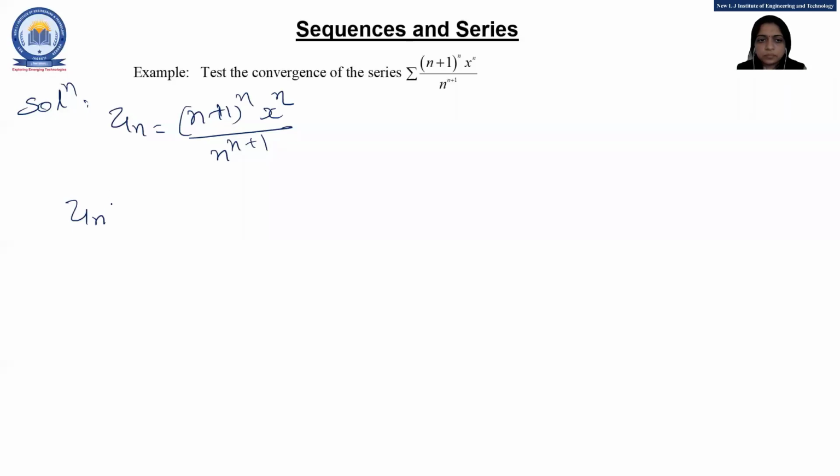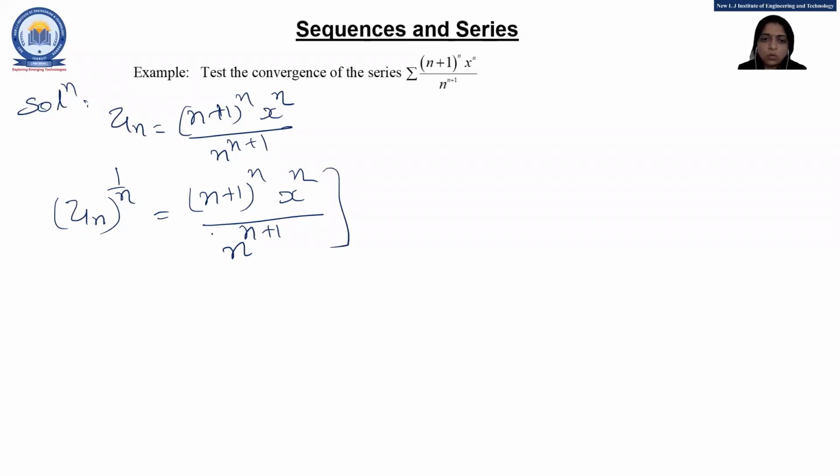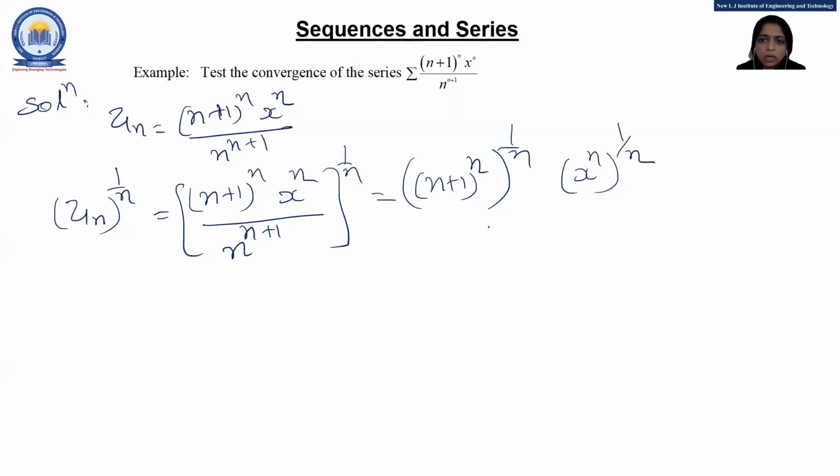After taking the nth root on both sides, we have (n plus 1) raised to n, x raised to n, upon n raised to (n plus 1), whole raised to 1 by n. What does it mean? (n plus 1) whole raised to n raised to 1 by n, x raised to n raised to 1 by n, upon (n raised to n plus 1) raised to 1 by n.